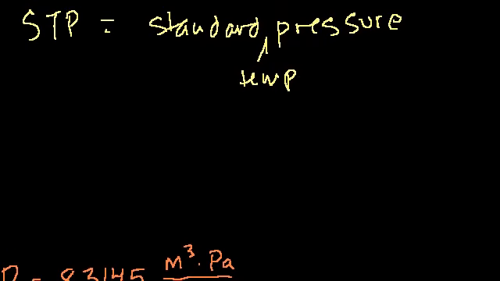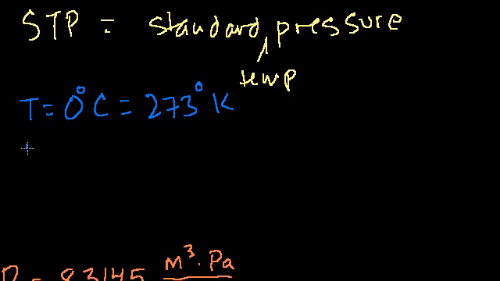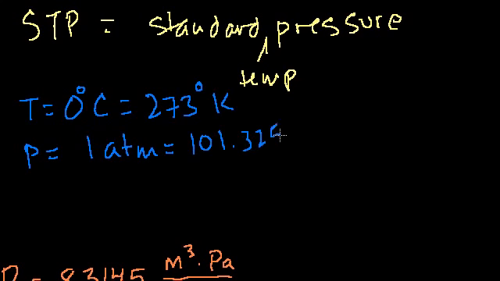So we're assuming a temperature equal to 0 degrees Celsius, which is 273 degrees Kelvin, and a pressure of 1 atmosphere, which could also be written as 101.325 kilopascals. My question is, if I have an ideal gas at standard temperature and pressure, how many moles of that do I have in 1 liter?